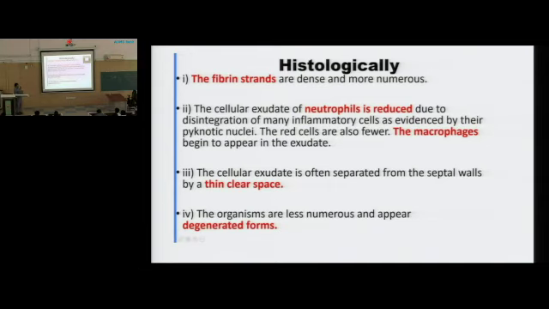The cellular exudate is often separated from the septal walls by thin clear spaces, and the organisms are less numerous and appear in degenerated forms, and they will be phagocytosed by these macrophages. So in the stage of resolution, there will be presence of fibrinous bands, and there will be a decrease in the number of neutrophils. There will be appearance of macrophages, right? And there will be some alveolar spaces which are clearing.